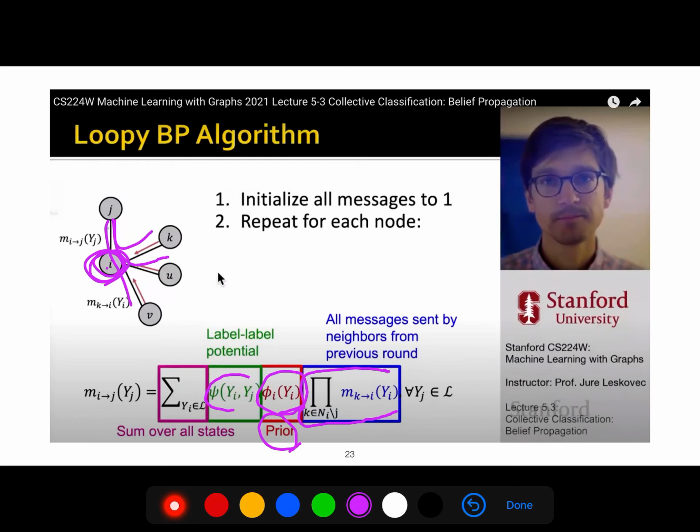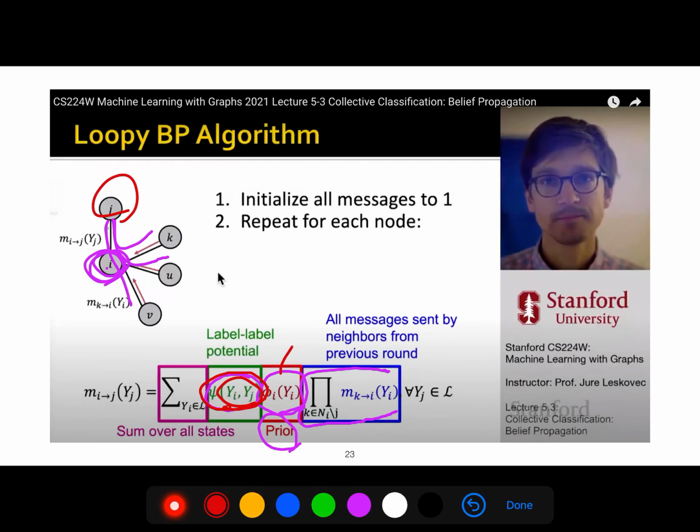And what is the psi of yi and yj? Because now we have collected everything, you want to pass it to j. So this is psi of, it's binary, yi, yj. This is unary, it needs just one variable.